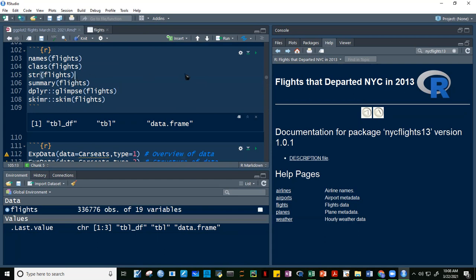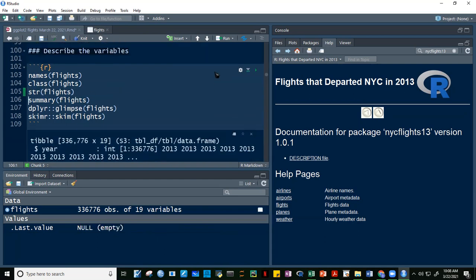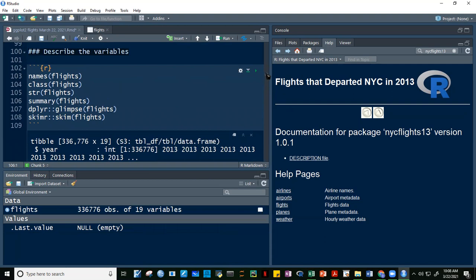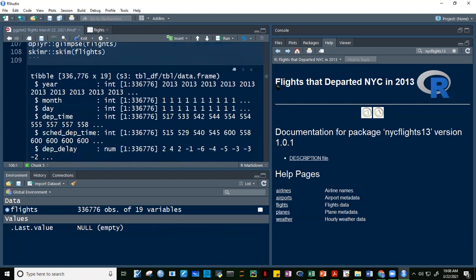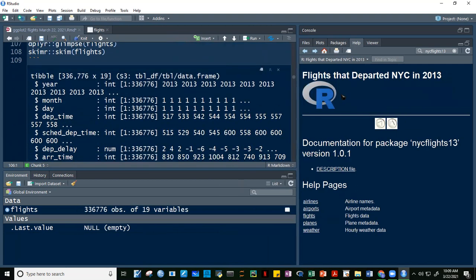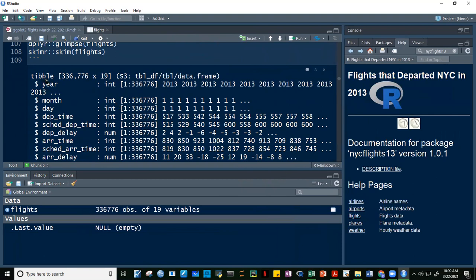Okay, so we know that we can get the structure of this data set. So as I mentioned to you guys, it's a tibble. It's a combination of a table and a data frame, which is called a tibble. Tibble plus data frame. That's called your tibble.